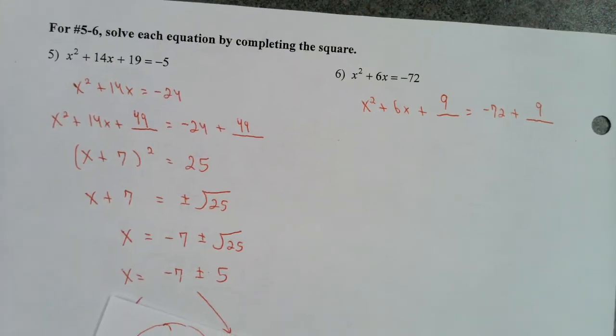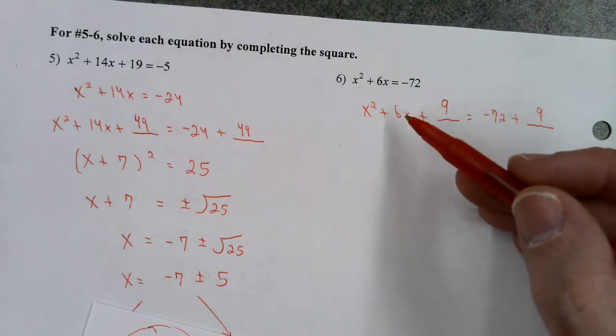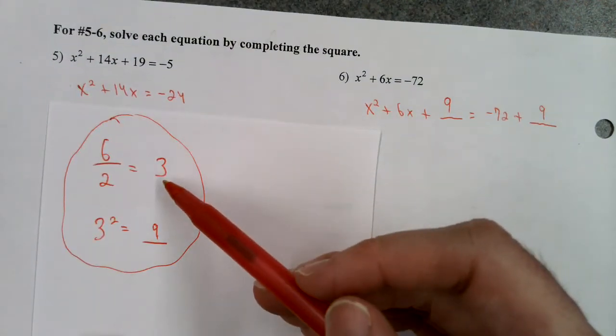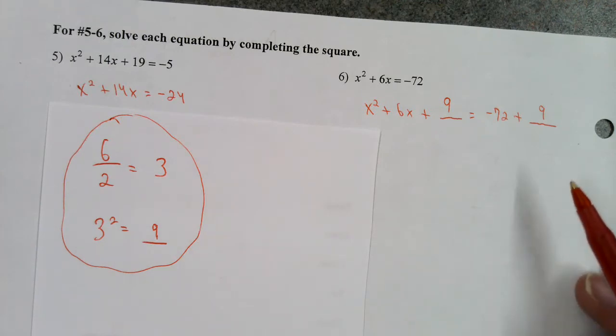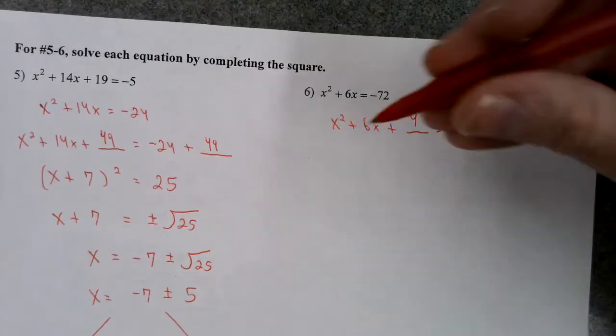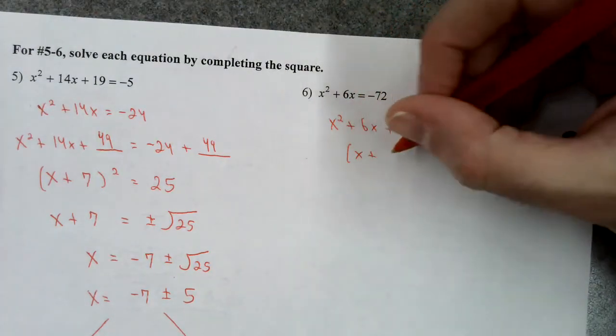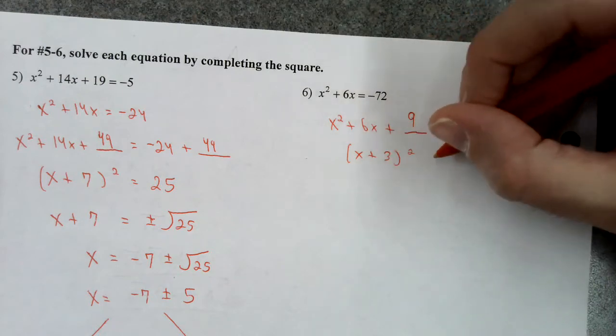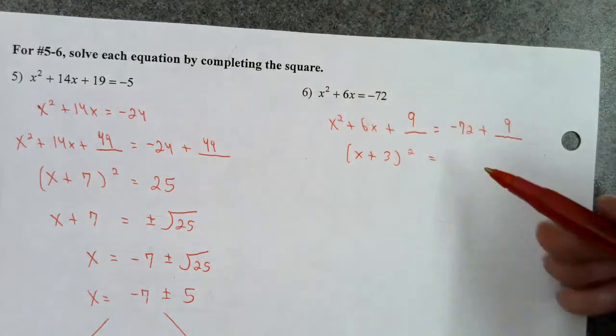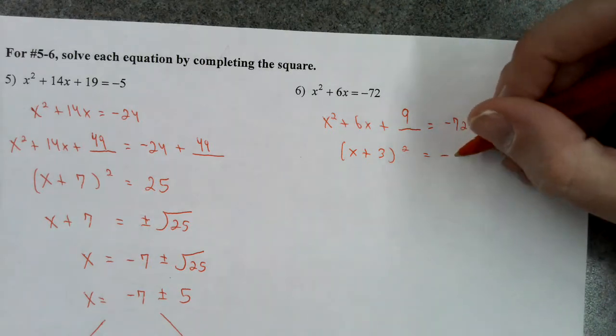Okay. So now the left, you're going to factor the left, what multiplies to 9 and adds to 6. Shortcut is it's whatever that number is. So x plus 3 squared equals negative 72 plus 9 is negative 63.